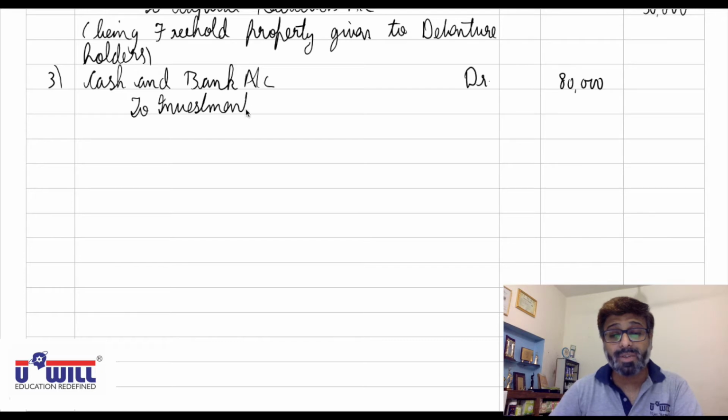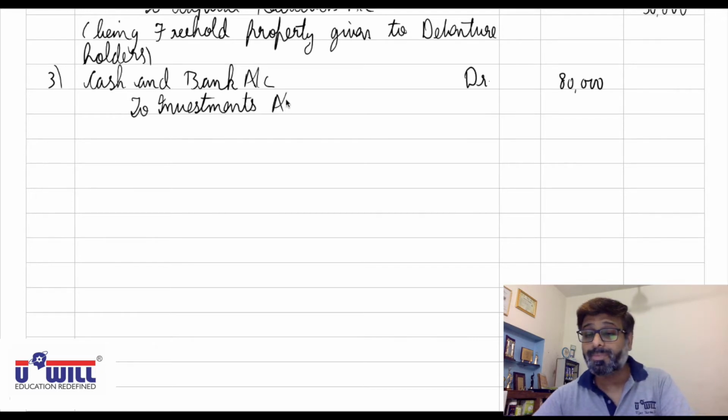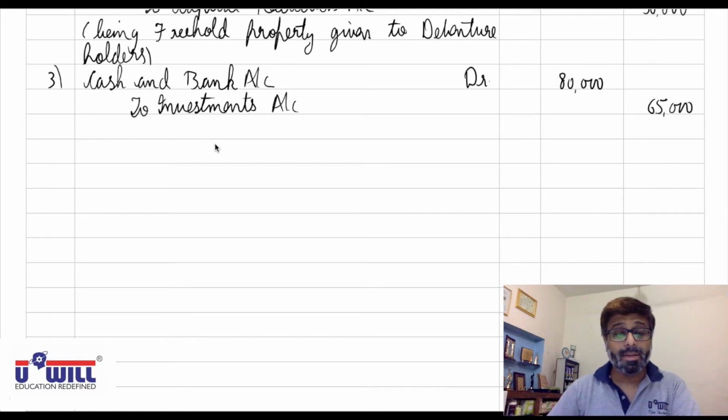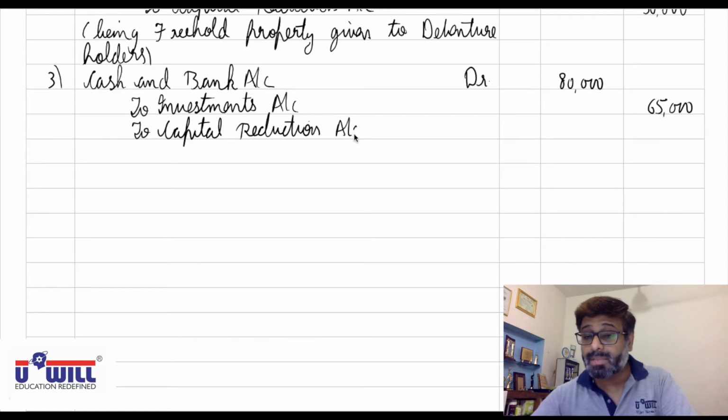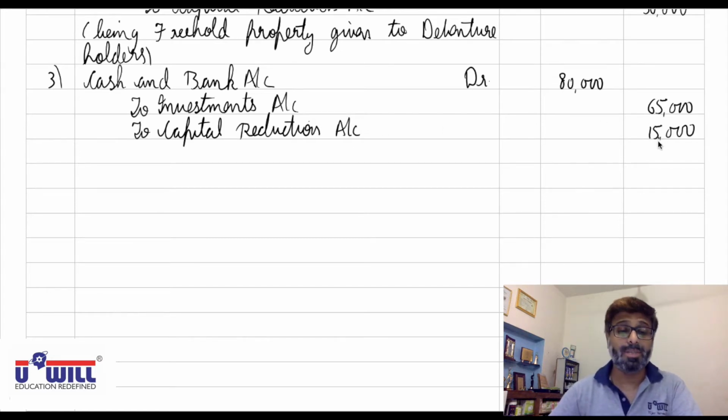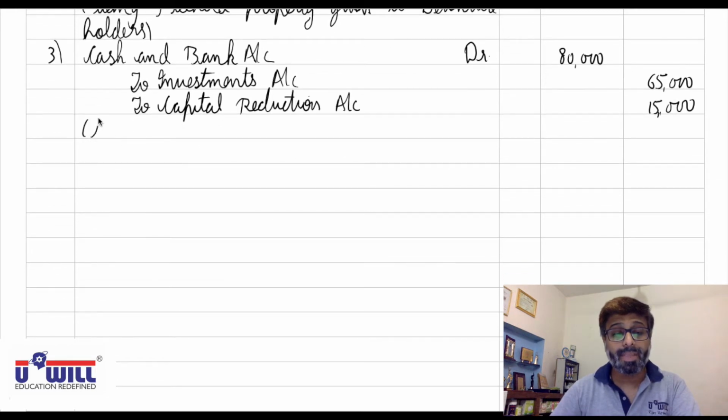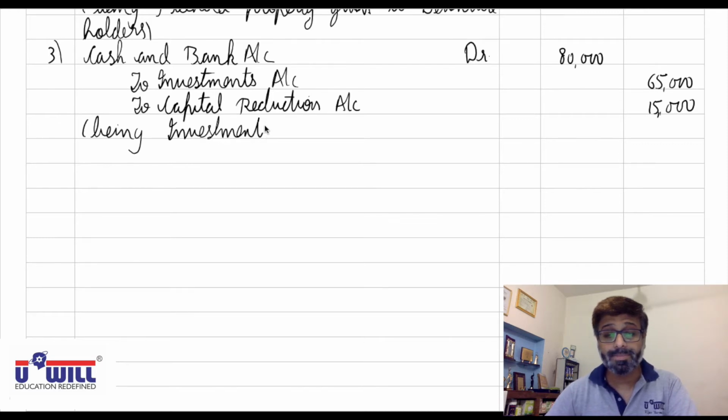Now investments of 65,000 go out and profit of 15,000 will be credited to capital reduction account. Okay, credit all incomes and gains. 15,000 is the profit. Credit all incomes and gains to capital reduction account 15,000. Being investments sold.